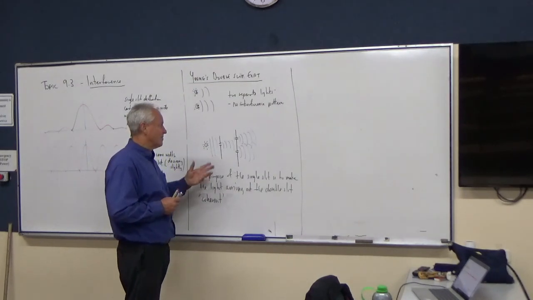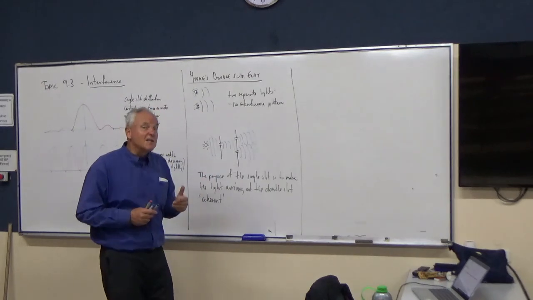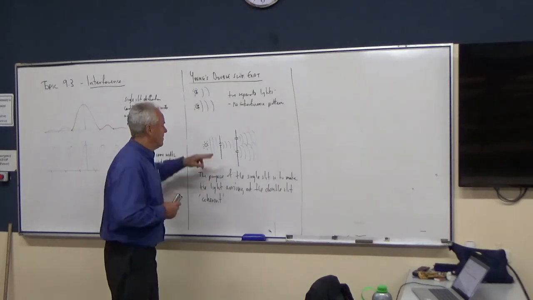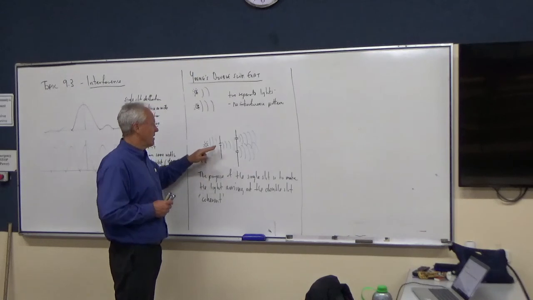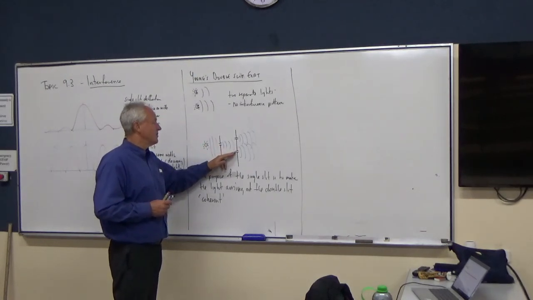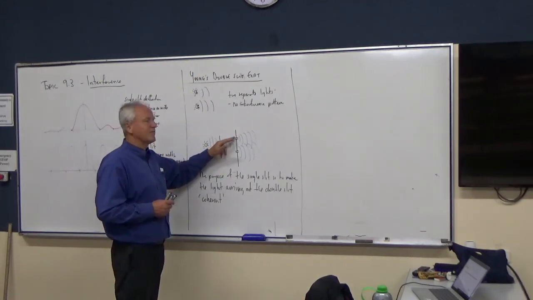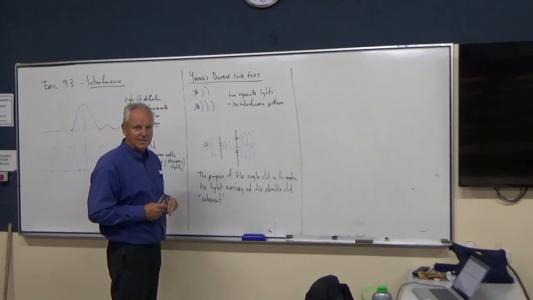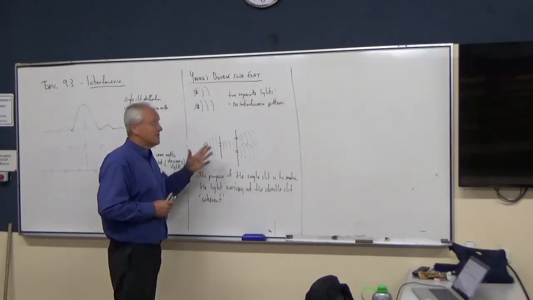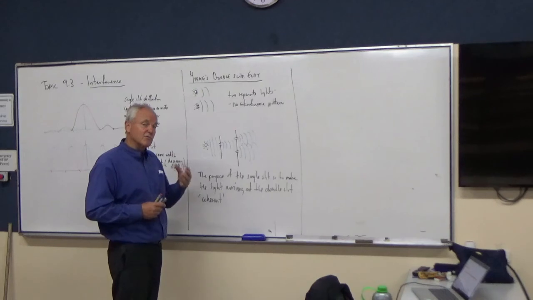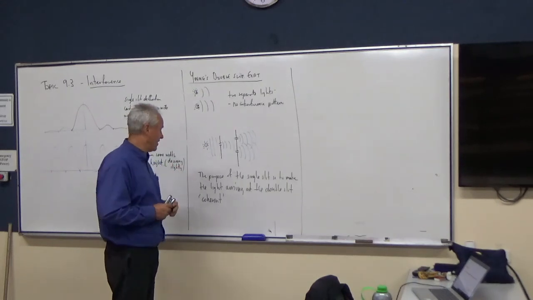So they're not necessarily going to be in phase, but it's not changing. So if this is 115 wavelengths and that's 114.2 wavelengths, then it's not changing. And so there's always that constant phase difference.